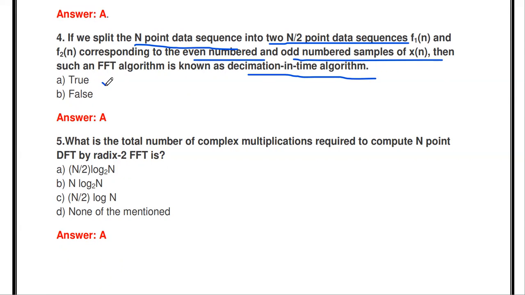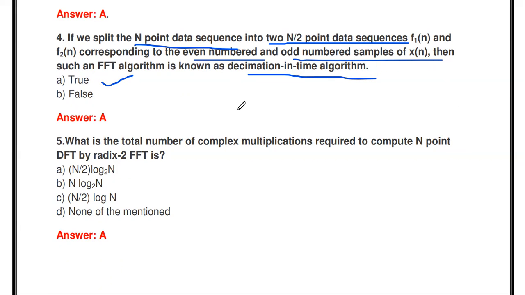It's true. In the DIT algorithm, if we want to perform an N-point DFT, say x of n has 8 samples, we split the odd indexed and even indexed sequences separately.